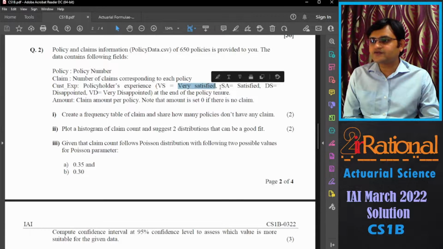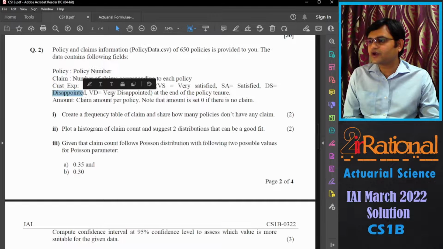We have VS, that is very satisfied, SA, that is satisfied, DS, that is disappointed, and VD, that is very disappointed. At the end of the policy tenure, the amount, that is the claim amount per policy. Okay, so note that the amount is set to 0 if there is no claim. Create a frequency table of claim and share how many policies did not have any claim.